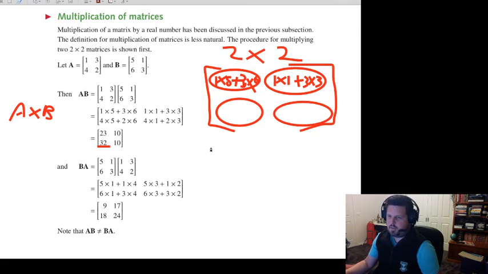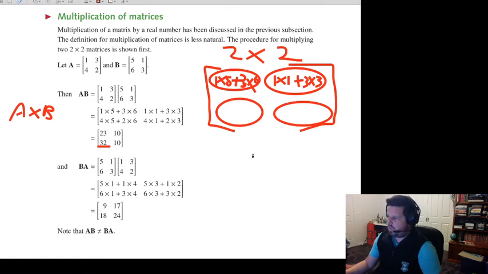Here, we've multiplied matrix A first, then that's multiplied by matrix B. If you did matrix B first, multiplied by matrix A, it actually gives you a different answer. So please don't ever get confused and go, oh, I've worked out what AB is, it's going to be the same as BA.